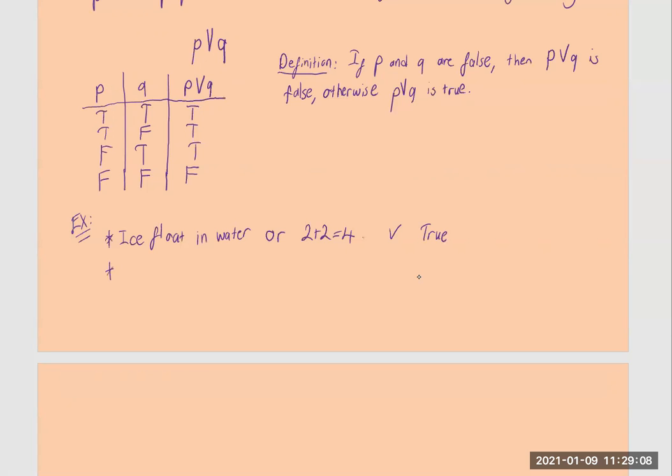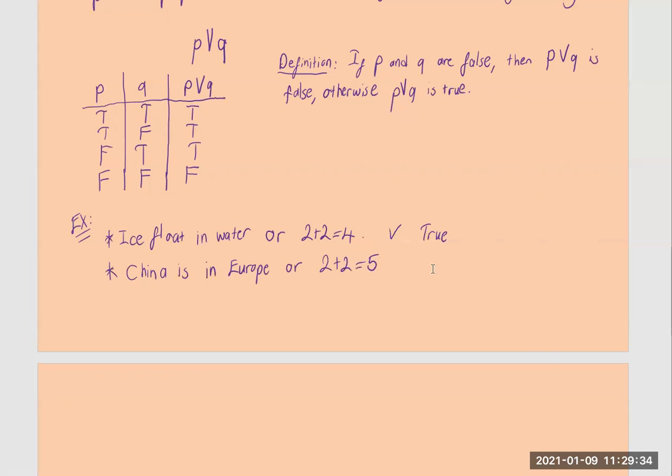There is only one thing that will give us false. Both of the two statements or propositions should be false. China is in Europe, or 2 plus 2 is equal 5.